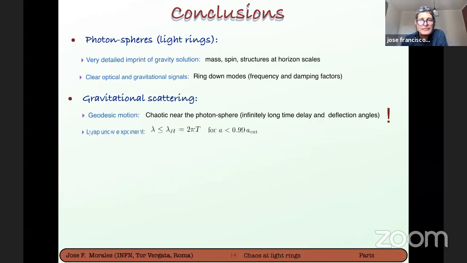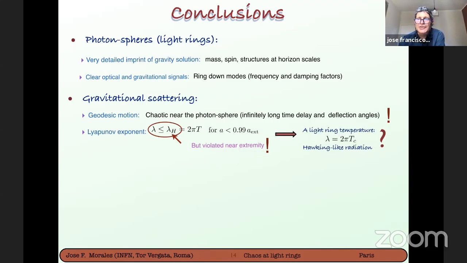As I said, this lambda is typically below the bound proposed and proved by our colleagues. It's typically below, but it's not always below. It's violating extremality. Therefore, it would be interesting to understand better what is happening in this region.